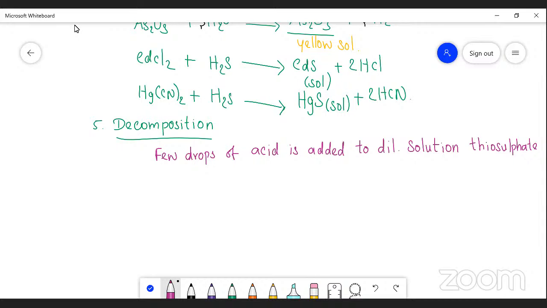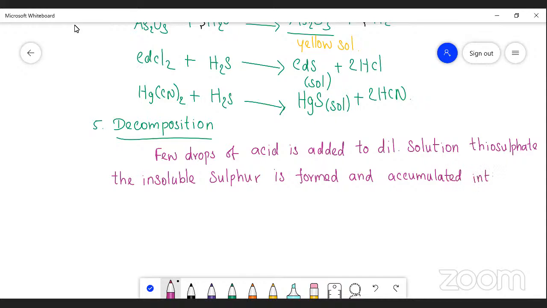The insoluble free sulfur is formed, and it is accumulated into small clusters.